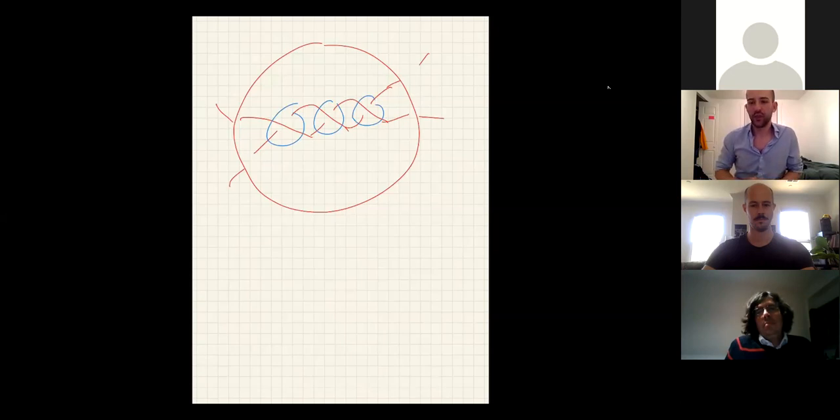If you have just one crossing, this you have to change. These knots are called almost alternating.